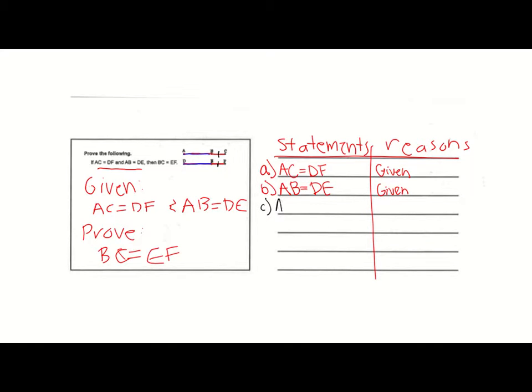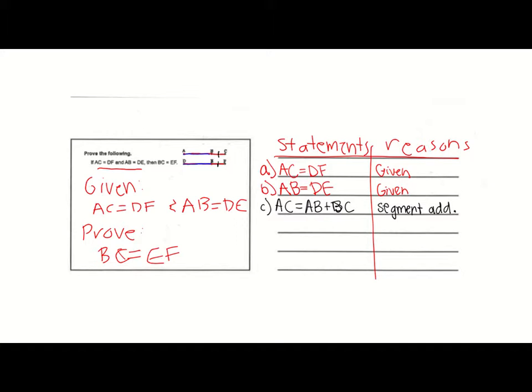We know that AC is equal to AB plus, sorry, AB plus BC. And that is because of our segment addition postulate. I'm not going to write out the whole thing, but segment addition postulate.